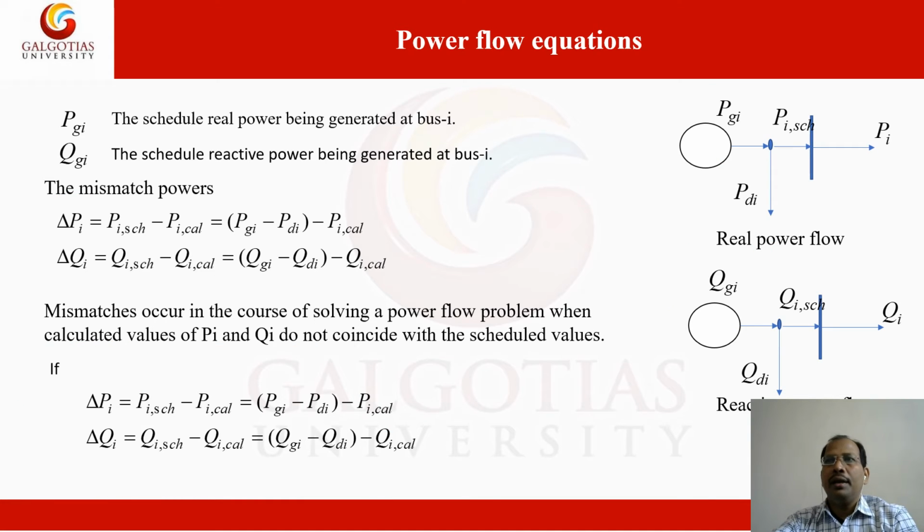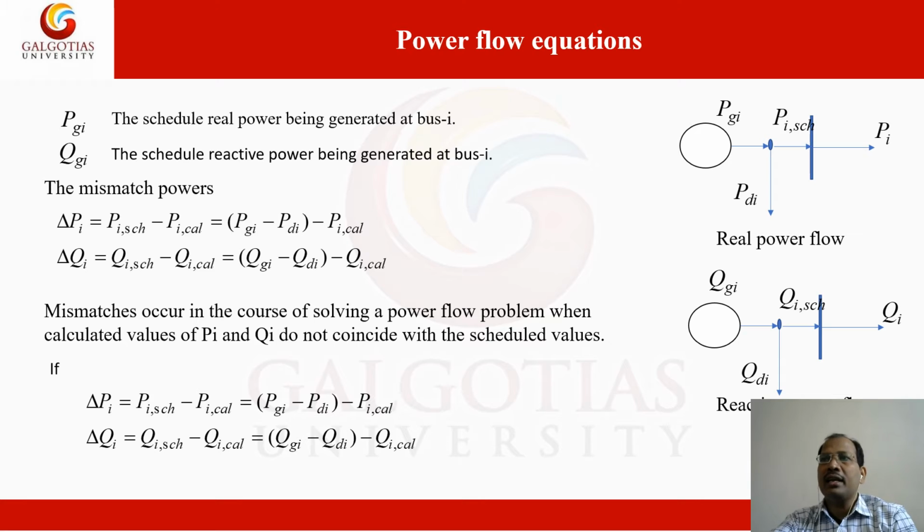This is another representation of how we are going to calculate the scheduled power. This is the active power, the real power flow, and this is the reactive power flow. Here PGi is the generation power, the injected active and reactive power at a particular bus i.